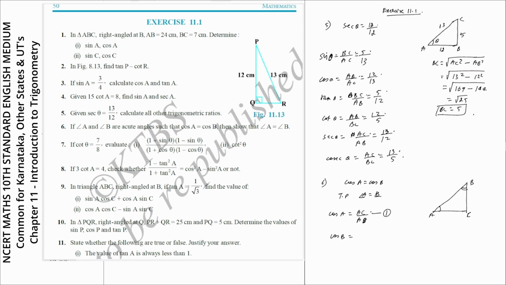Cos B is given by adjacent by hypotenuse, that is with respect to angle B, adjacent side is BC, BC by AB. Okay, this I'll mark as 2. Now given that cos A is equal to cos B, that means 1 should be equal to 2. 1 will be equal to 2 only when AC is equal to BC.